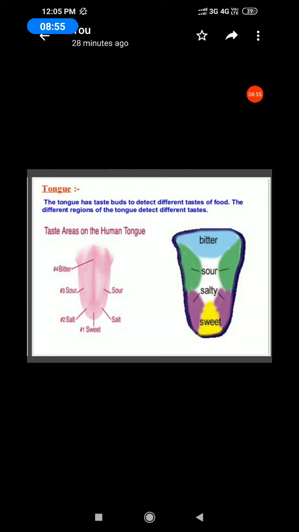The different regions of the tongue detect different tastes. The taste areas on the human tongue: sweet, salt, sour, bitter. See the diagram. The color of blue, bitter, green color sour, purplish color salty, then sweet. That's all. Okay students, that's all. Thank you.